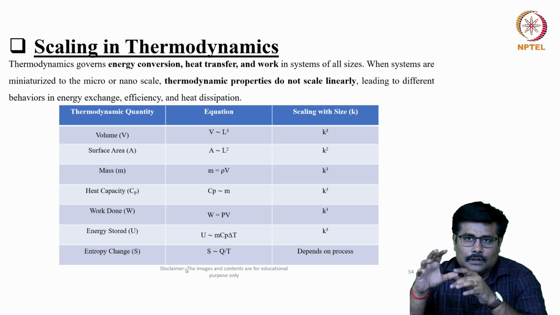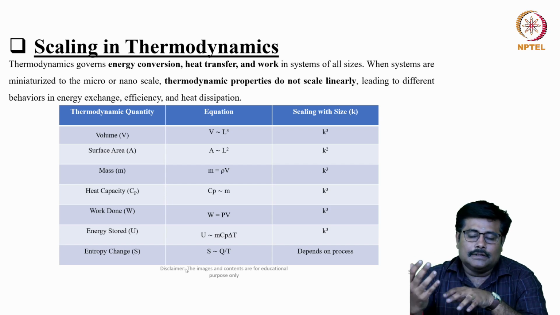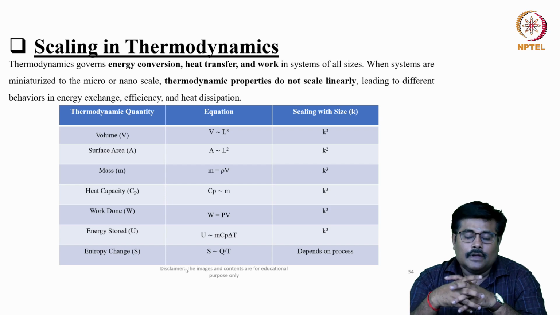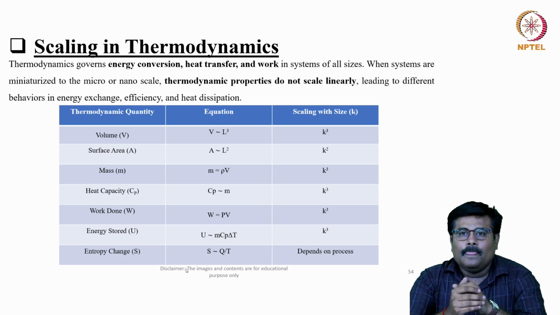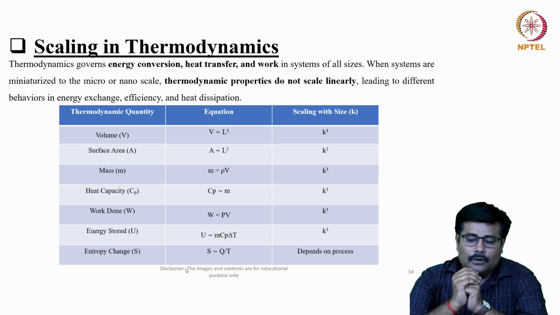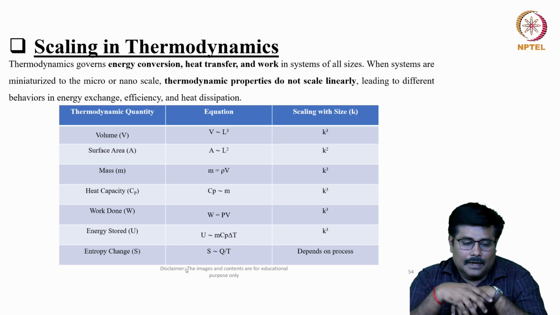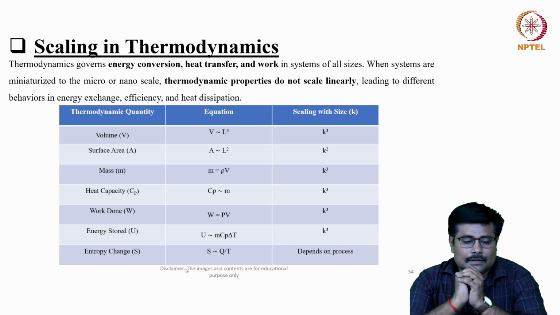When we look into scaling in thermodynamics, thermodynamics governs energy conversion, heat transfer and work in systems of all sizes. When systems are miniaturized to the micro and nano scale, the thermodynamic properties do not scale linearly, which leads to different behavior in energy exchange, efficiency and heat dissipation. In that aspect, we have thermodynamic quantities, equations, and the scaling with size.